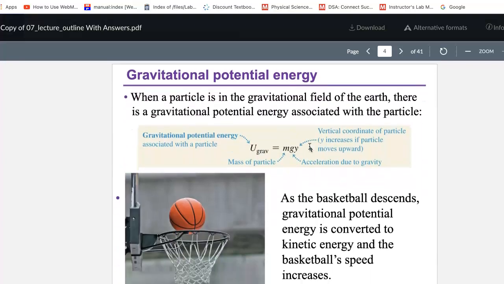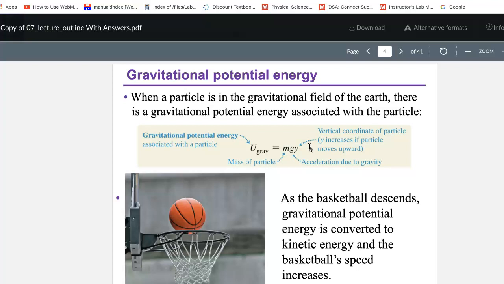Now, gravitational potential energy exists because the Earth has its gravitational field around it, then we are going to have that gravitational potential energy related to the object that is in that field.